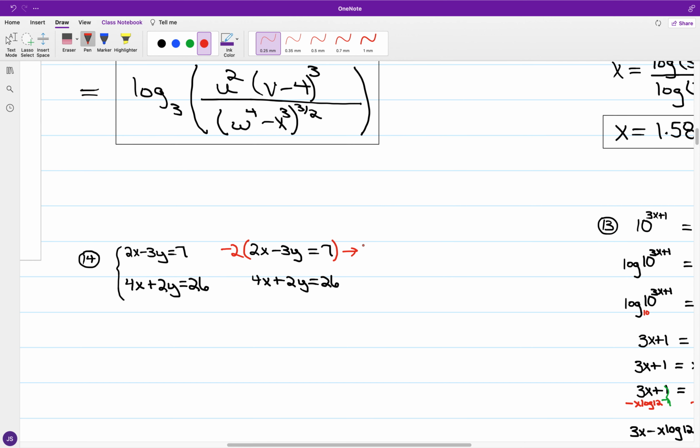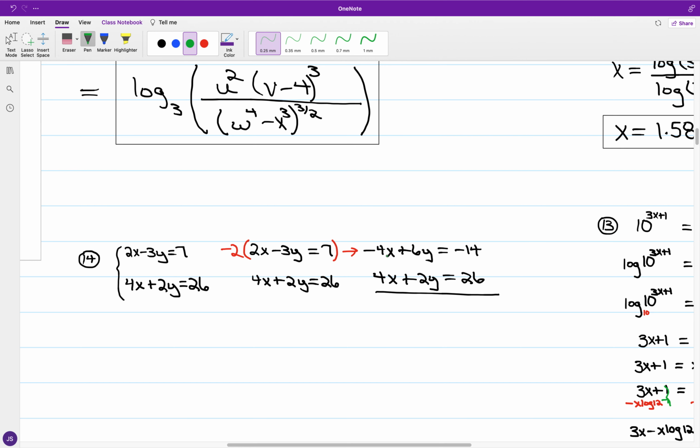Negative 2 times the first equation gives us negative 4x, and negative 2 times negative 3y becomes a positive 6y. It's equal to negative 14. And I have the second equation fixed, 4x plus 2y is equal to 26.